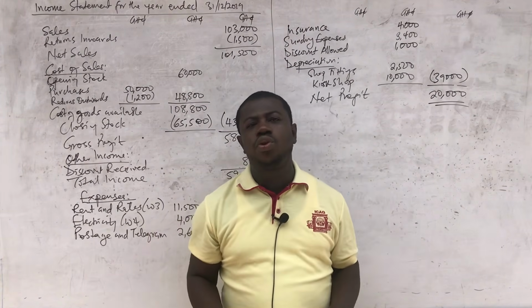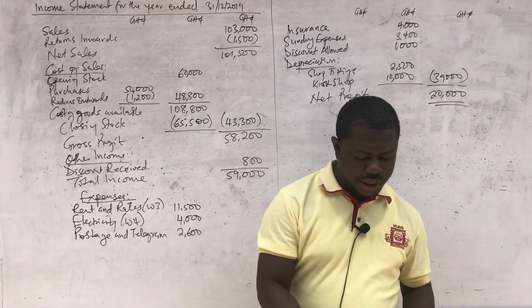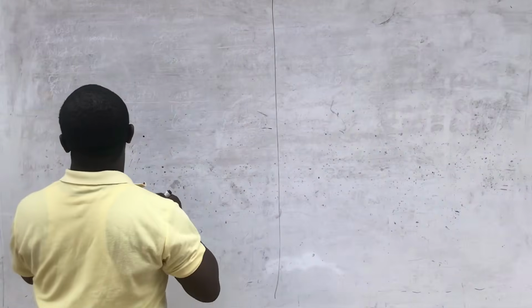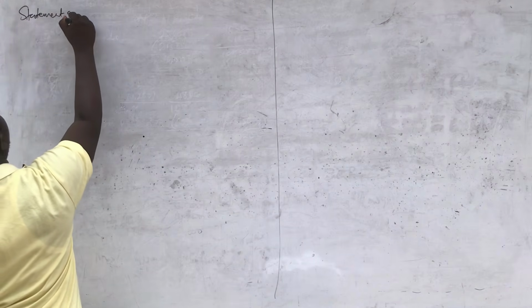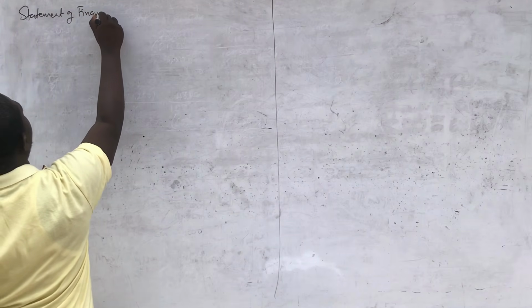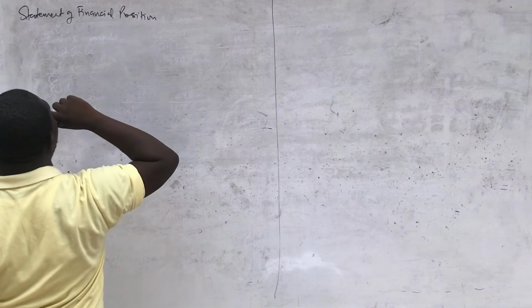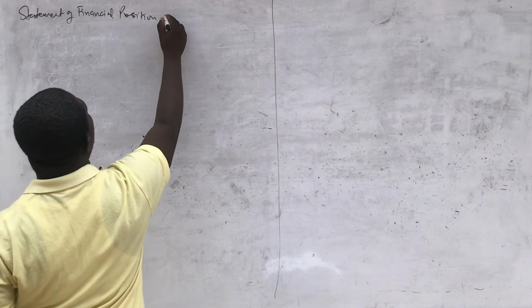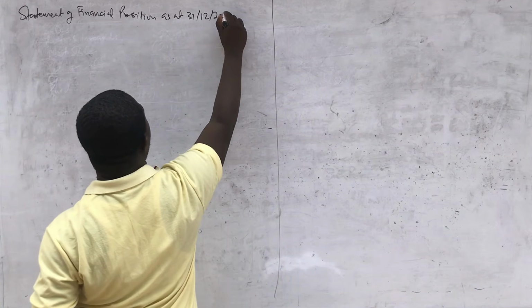Then the final thing to do is to prepare your statement of financial position using these figures. So we prepare the statement of financial position as at 31st March 2019.